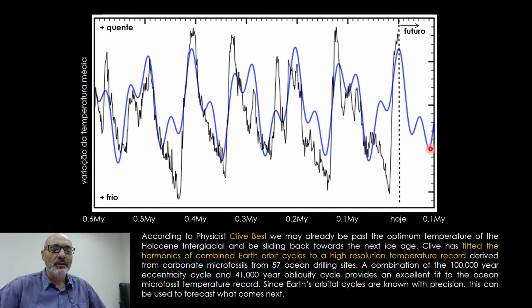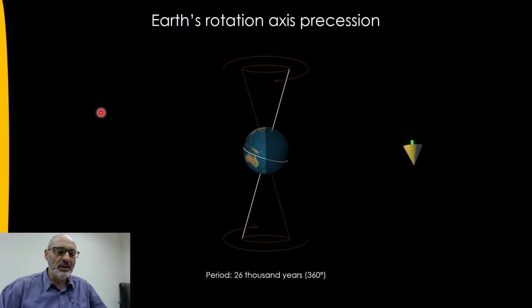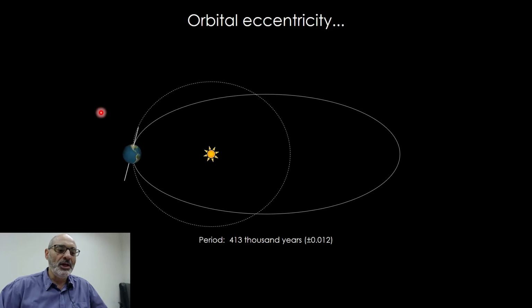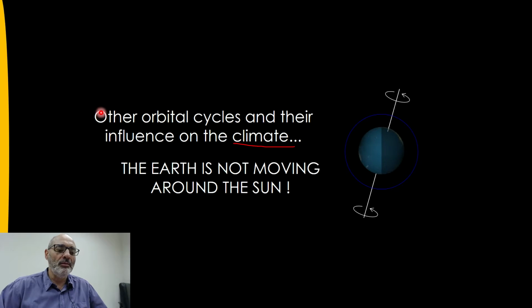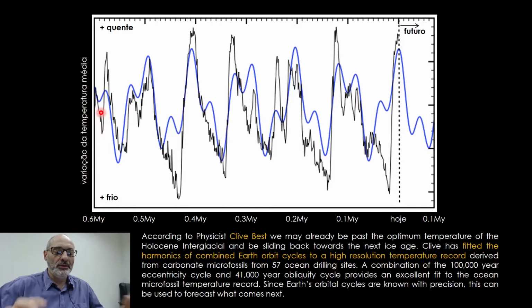So this is the variation of the solar constant due to what we call Milankovitch cycles. I forgot to mention, these movements generate what we call Milankovitch cycles.